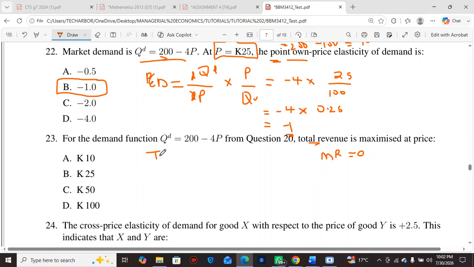Total revenue equals P times Q, where Q equals 200 minus 4P.